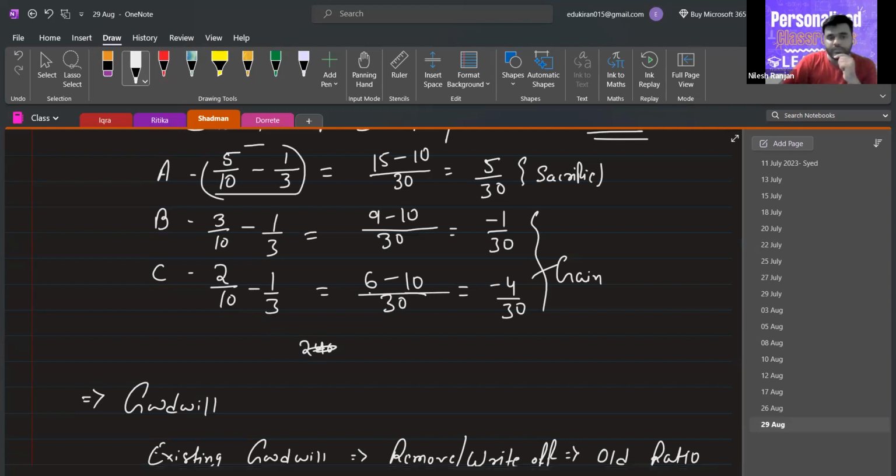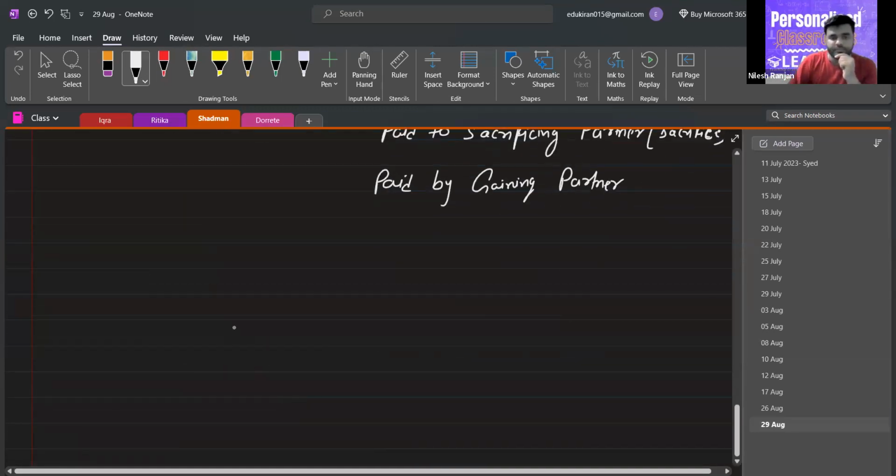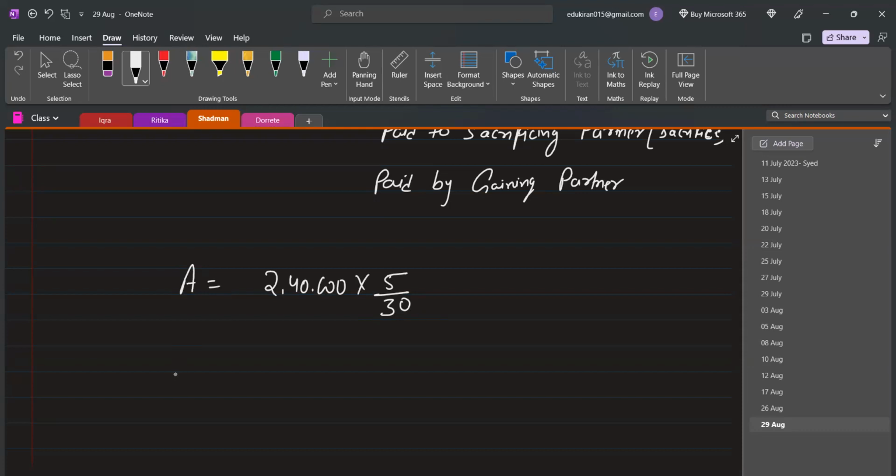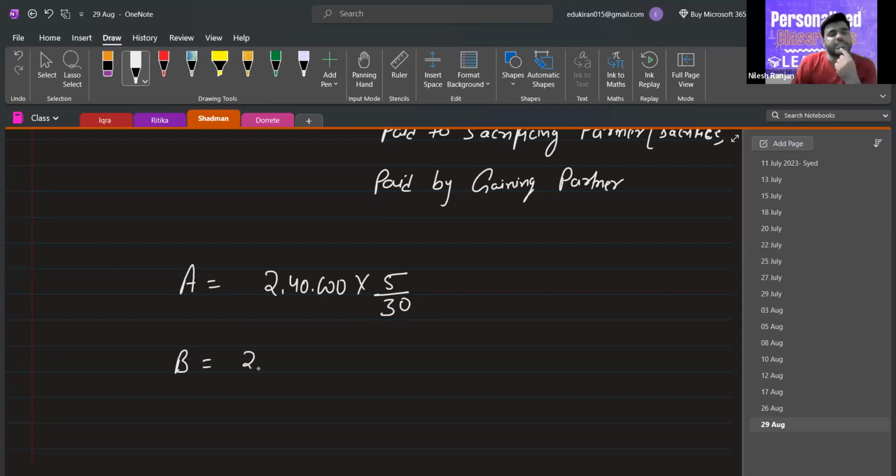For A, it will be 2,40,000 into 5/30. For B, it is 2,40,000 into 1/30, because it is a gain. And for C, it is 2,40,000 into 4/30.